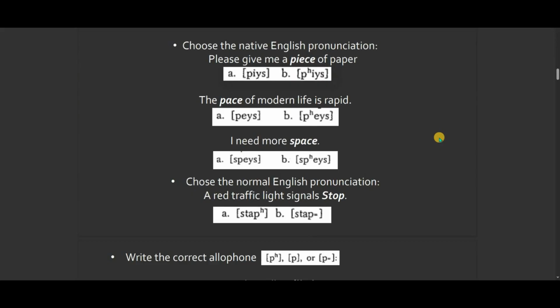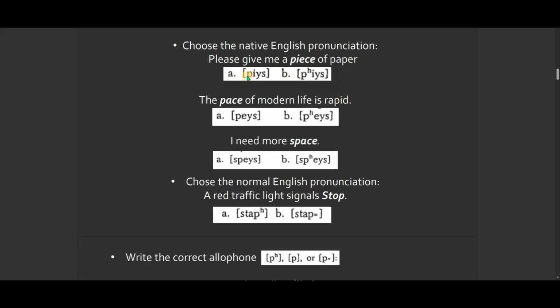Now, some exercise we can have is, in this case, for example, choose the native English pronunciation. Please give me a piece of paper. If we know that the English P in initial position is aspirated, knowing the symbol of that allophone itself, which one do you think it is?